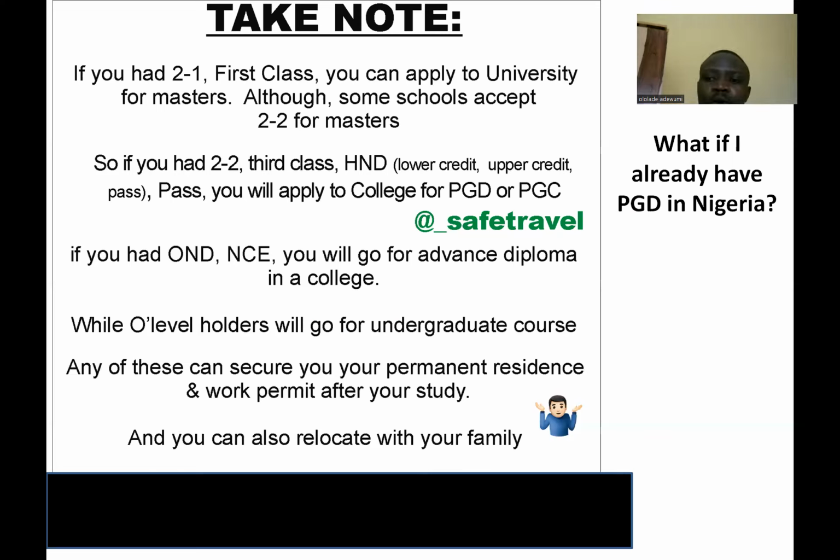If you are going for a diploma, anything diploma, advanced diploma, they are done in the college. So if you have OND, if you have NCE, you will also go to a college to do what is called advanced diploma. And if you have O-level, that means you are going for normal undergraduate, which can be offered maybe in a college or in a university.